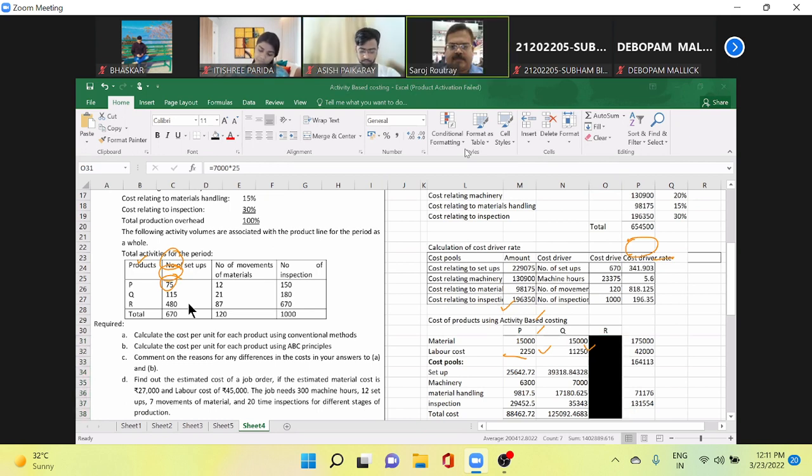Once you get this total cost for R, share it through chat.